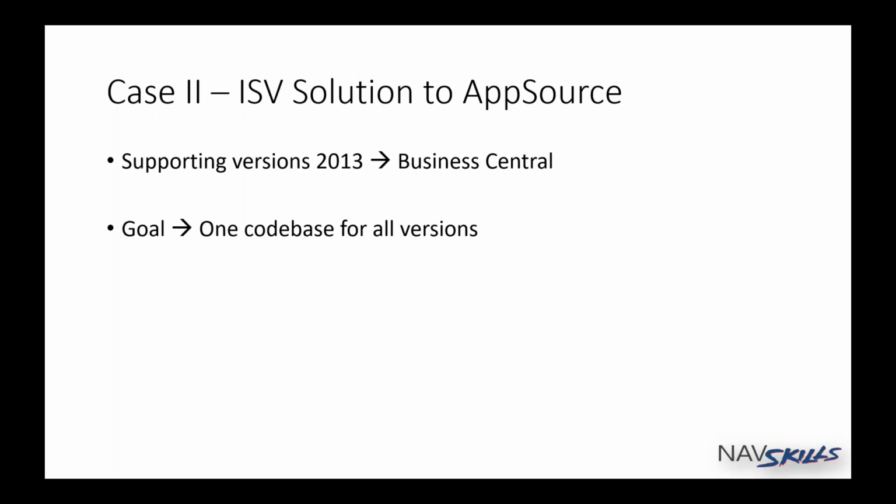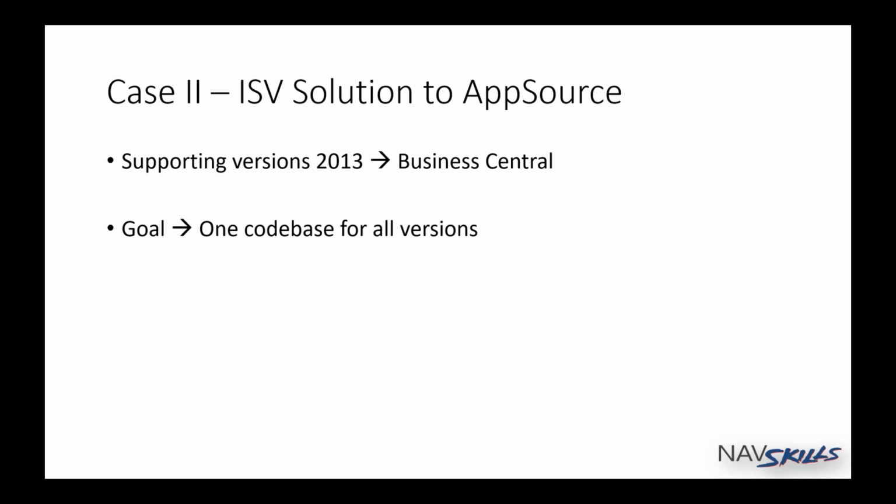The other case I wanted to talk about is getting your ISV solution to AppSource. If the customer case was far left, where it's a one-off project, highly customized, for this customer only, and nobody shares the code, this is the extreme right. Here we have hundreds of customers using exactly the same code base.